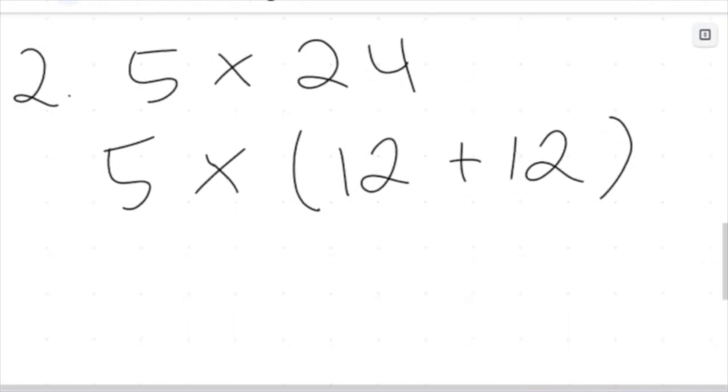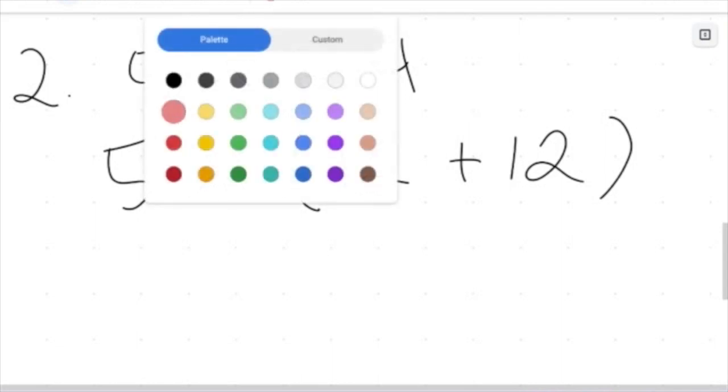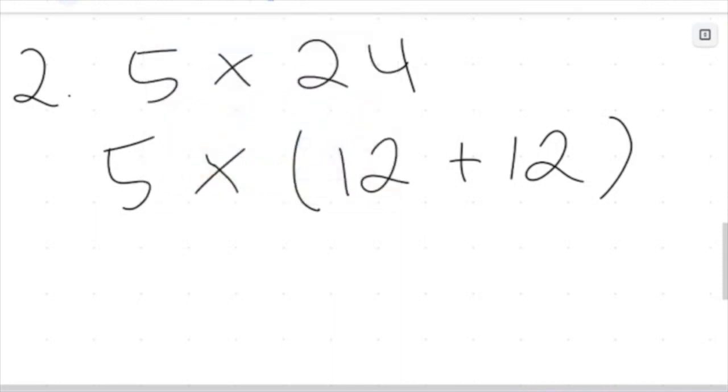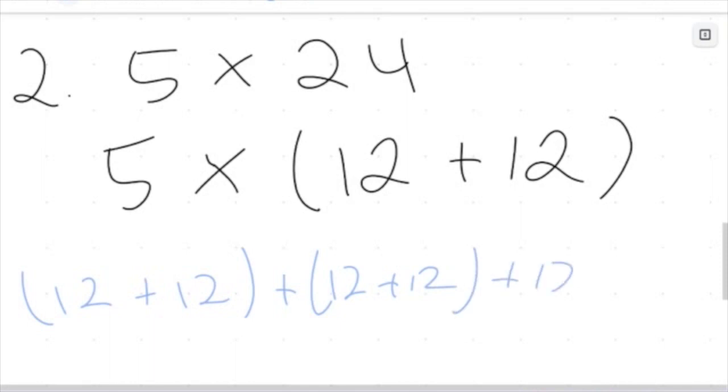So this is like saying 12 plus 12, 5 times. So I'm adding this 5 times. So plus 12 plus 12 plus 12 plus 12 plus 12 plus 12.